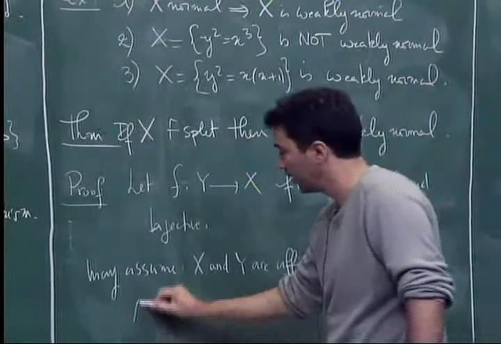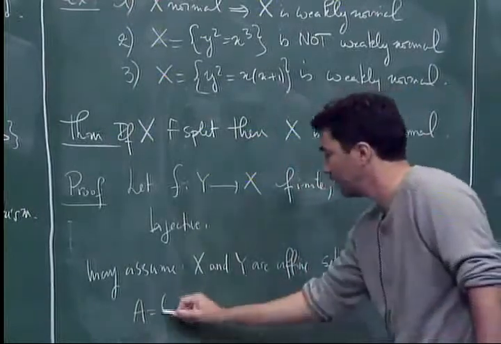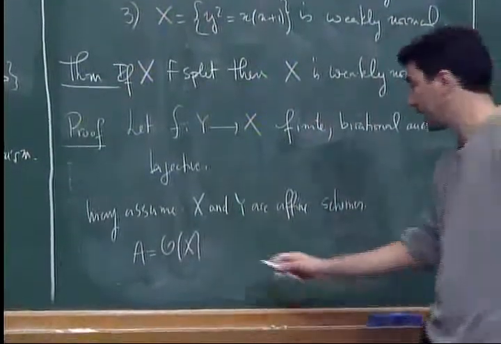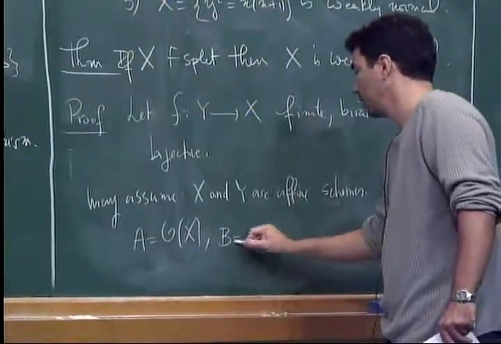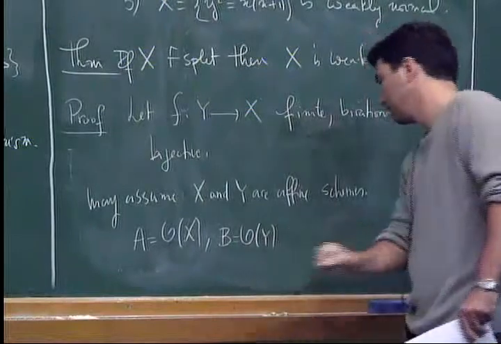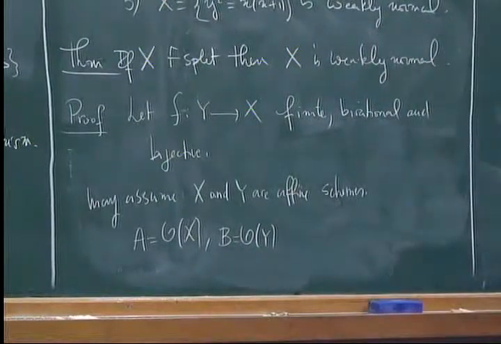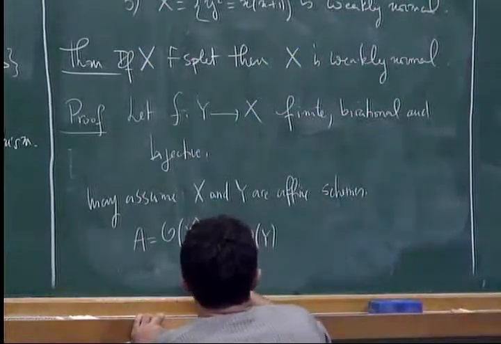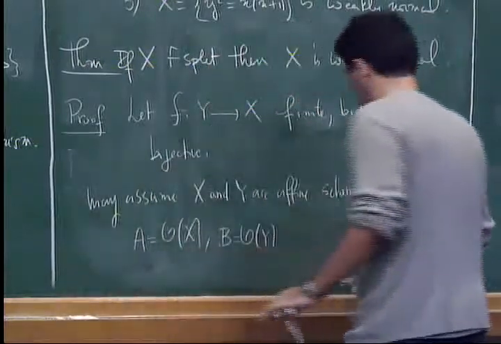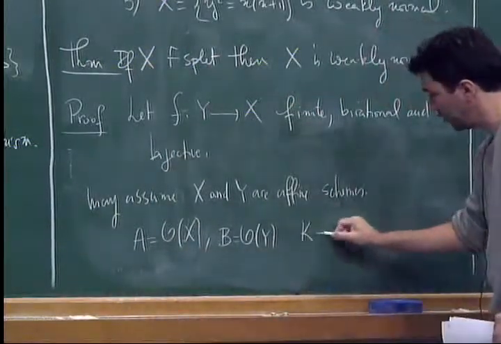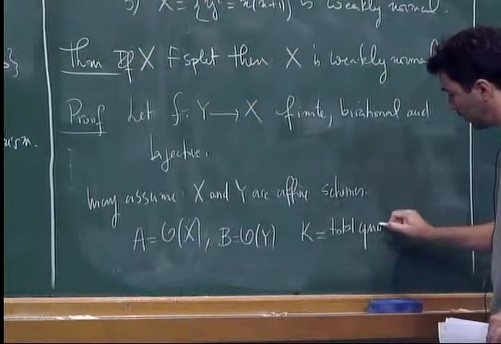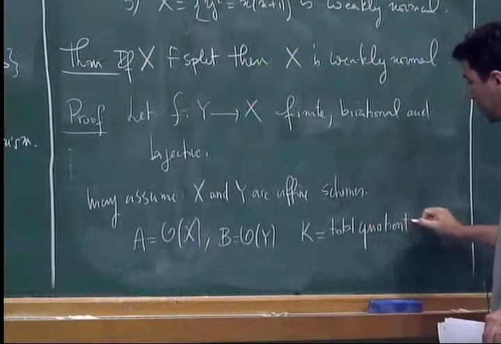So let us call A the ring of functions on X and B the ring of regular functions on Y. And define K to be the total quotient ring.